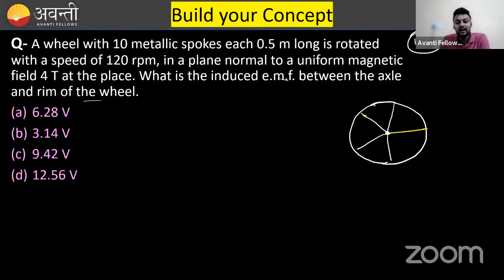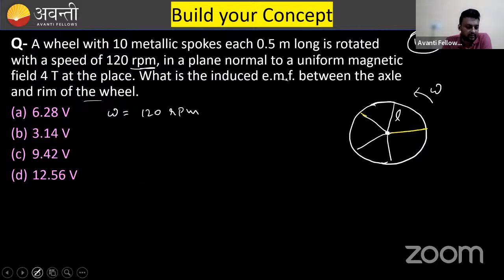Now coming back to the question, I am not drawing 10 spokes. Each spoke has some length L. Let's suppose this length is L. Each spoke is of length L, rotated with some angular velocity omega, and omega is given as 120 RPM, revolutions per minute.